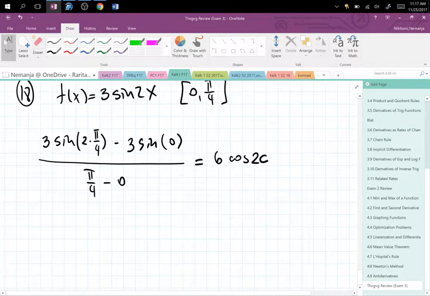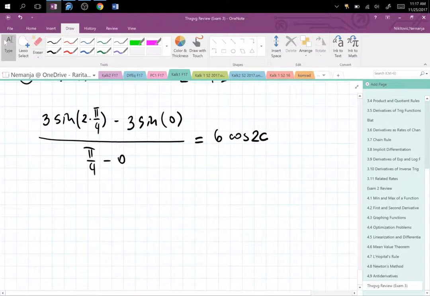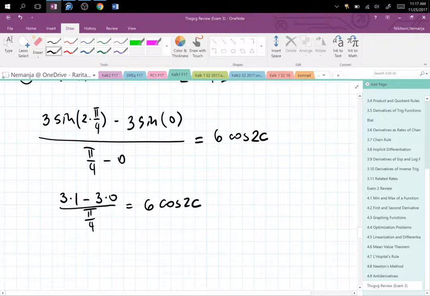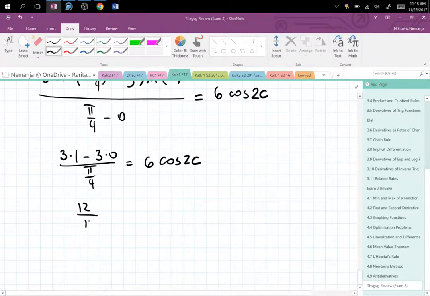And now we compute everything. Sine of pi over 2 is 1. So we have 3 times 1 minus 3 times 0 over pi over 4 is equal to 6 cosine 2c. Well, 3 times 1 is 3 minus 0 is still 3, and times the 4 from the bottom is 12 over pi, equal to 6 cosine 2c.